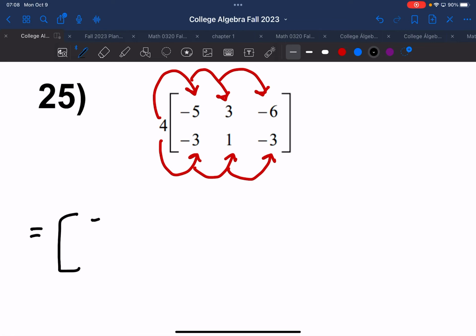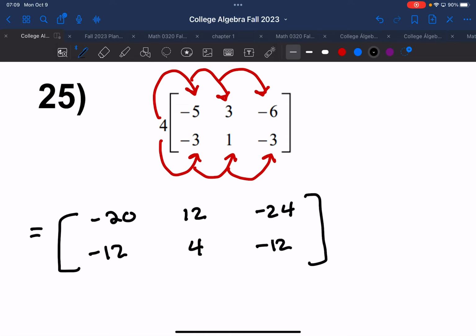So you should have got negative 20, 12, negative 24, negative 12, 4, negative 12. So notice this is still a 2 by 3 matrix. The only difference is that it scaled this matrix 4 times, so it made it 4 times larger.